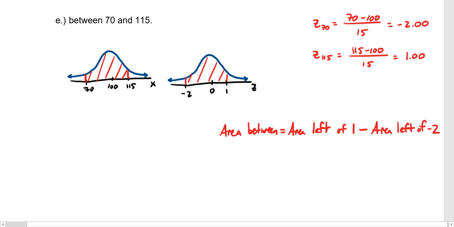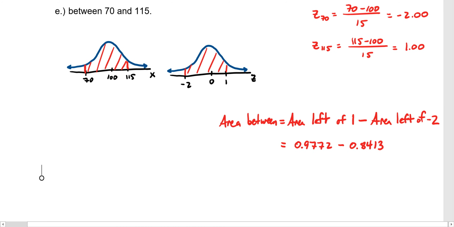That's going to be the area to the left of 1 minus the area to the left of -2. Looking these up in the table, the area to the left of 1.00 is 0.9772. The area to the left of -2 is 0.8413. And we subtract these, and we end up getting 0.1359 is the area between them.